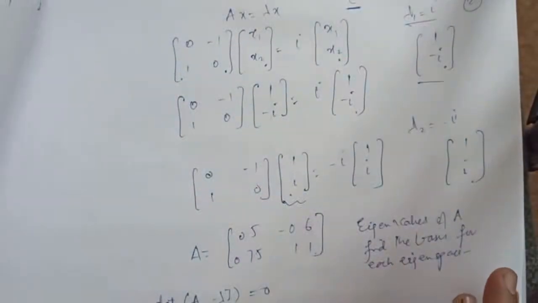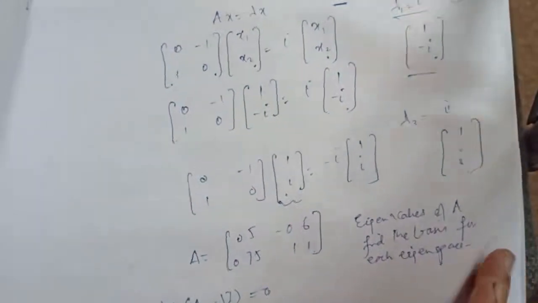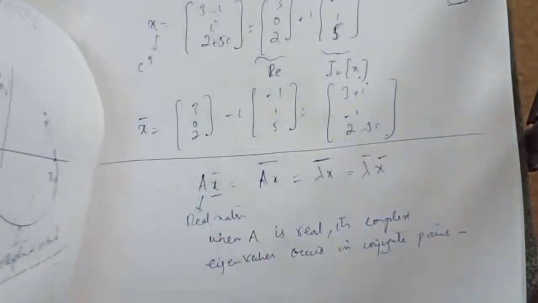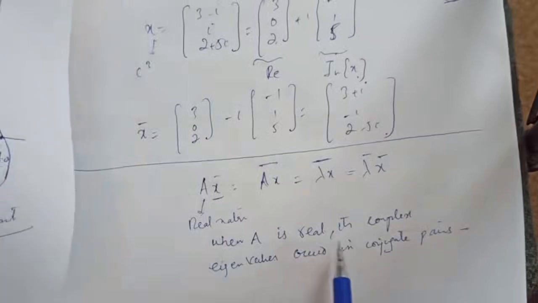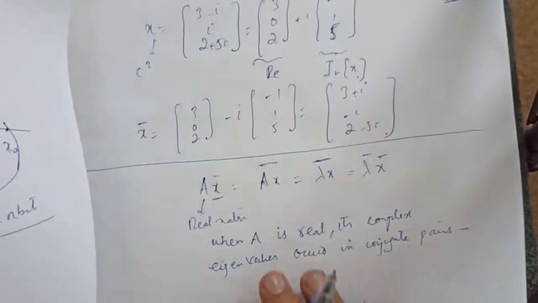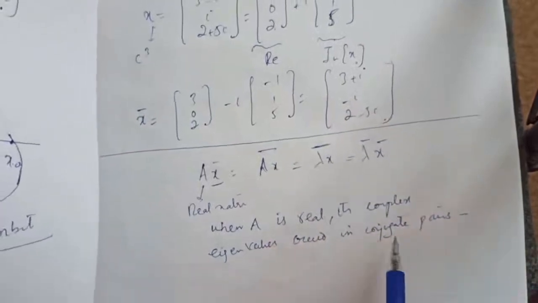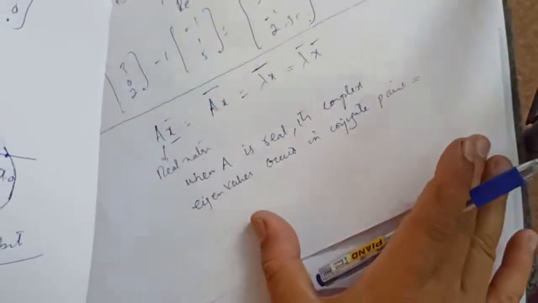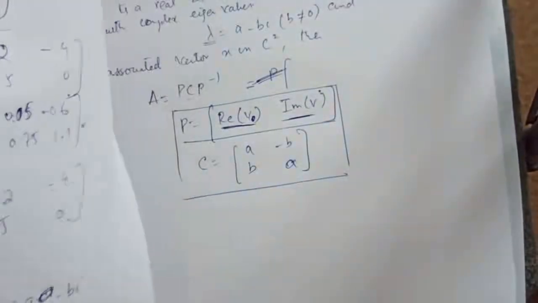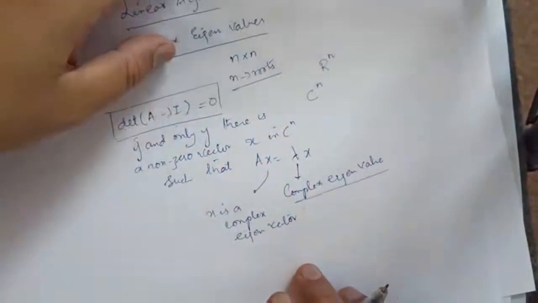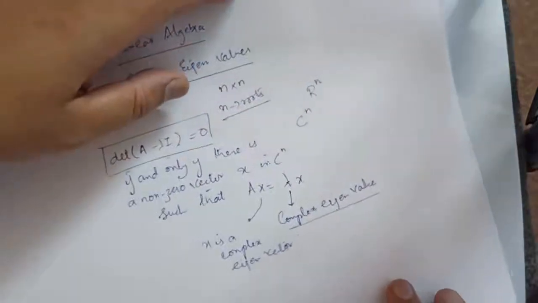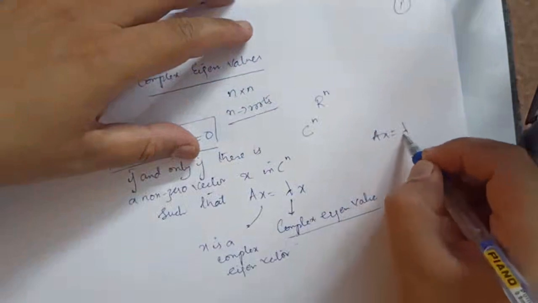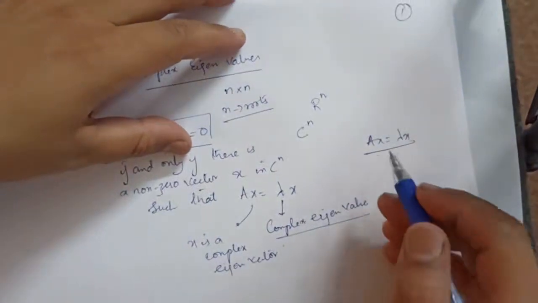So eigenvalues of A actually exist in pairs, and that's what you have written. When A is real, the complex eigenvalues occur in conjugate pairs, and normally the corresponding eigenvectors also occur in pairs. Another important thing that we have learned in this situation is that if A is real and it has complex eigenvalues, it means it is not linearly scaling, it is actually rotating the vector, or rotating the eigenvector.